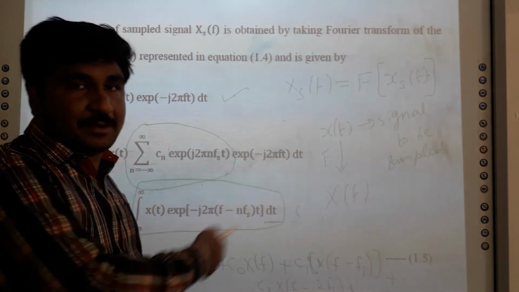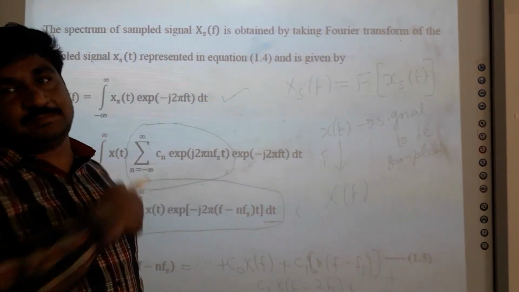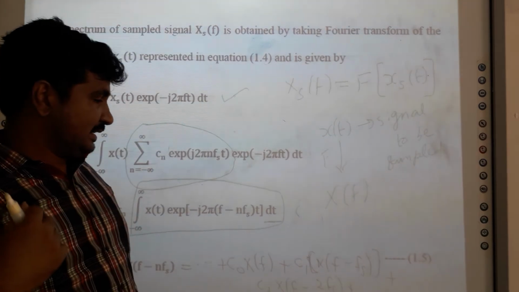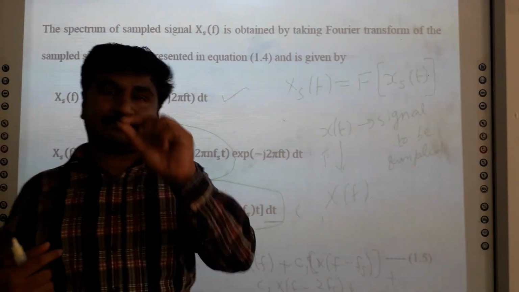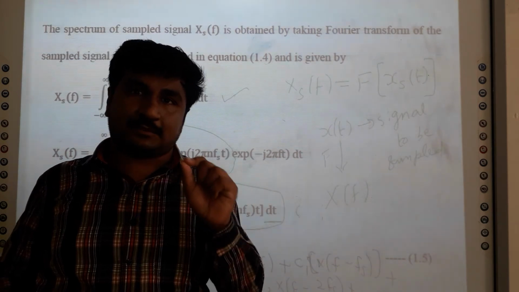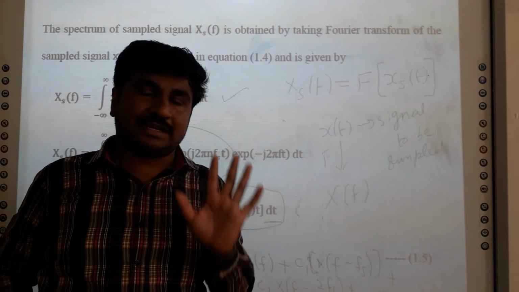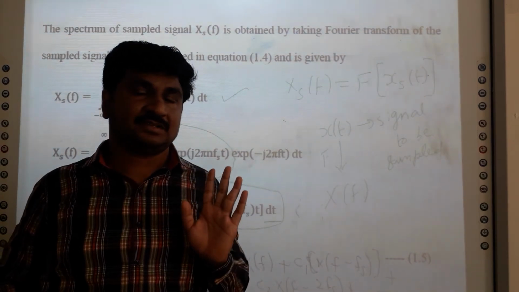Similarly on the negative part at minus Fs, minus 2Fs, minus 3Fs, and so on. And each and every replicated spectrum is weighted by some coefficient value that are called the Fourier series coefficients.